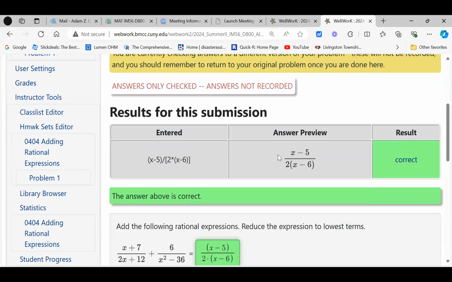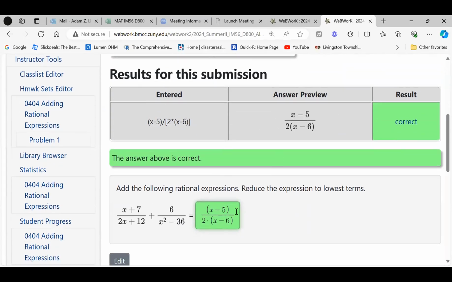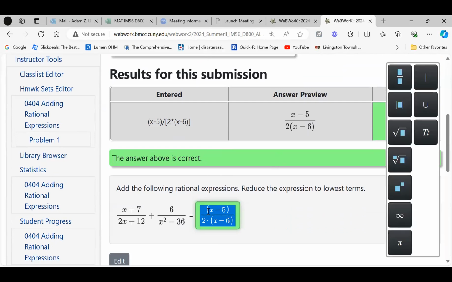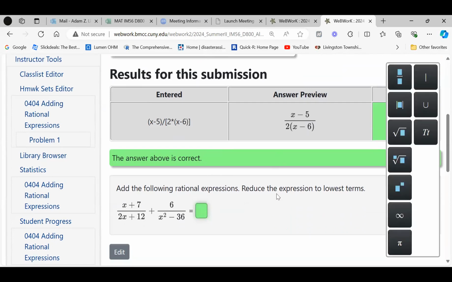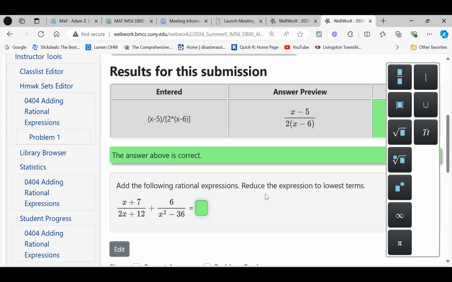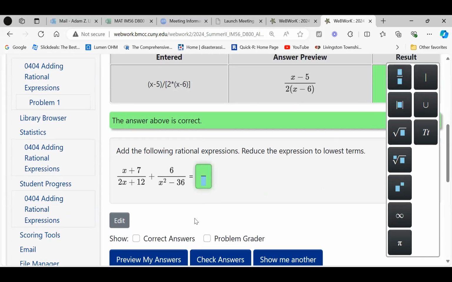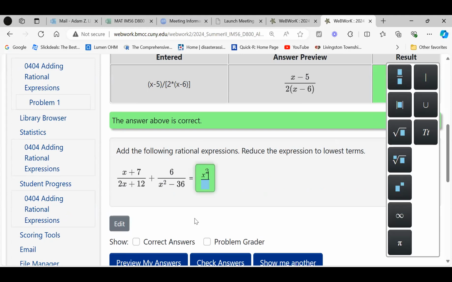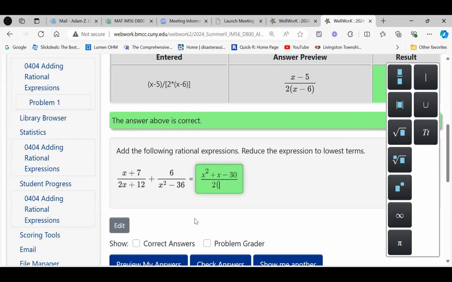Yep, you see, if you put in the original answer, I'm gonna cut and paste, then it will be partially correct. Earlier we got x squared adding x minus 30 over x plus 6, x minus 6. If you put in this answer, you probably will get partial credit.